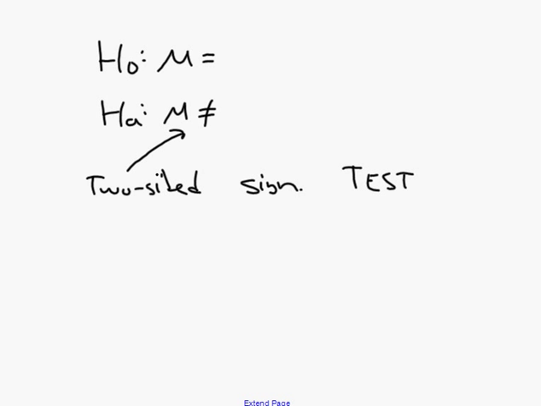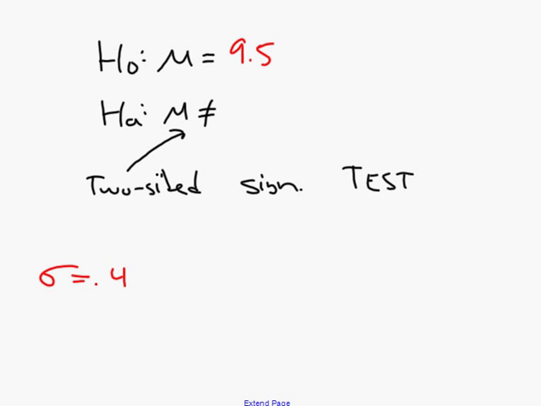The calcium level of blood in healthy young adults varies with mean 9.5 grams per deciliter and standard deviation of sigma equals 0.4. Okay? So we have a standard deviation given to us. We have a mean that's been told to us. Our mean is 9.5.